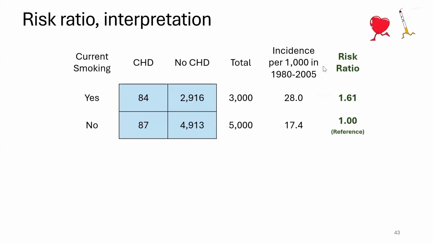So going back to what we just calculated with smoking and coronary heart disease, we see a risk ratio of 1.61. So off the bat, what do you think, the inclusion of smoking as an exposure, is it a risk factor or a protective factor for coronary heart disease?